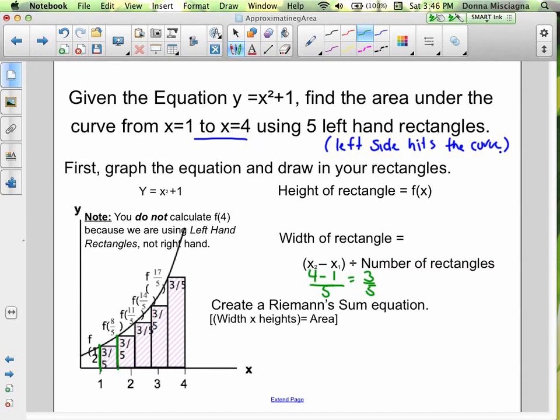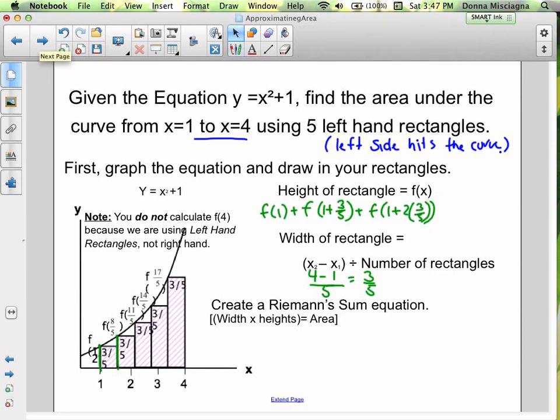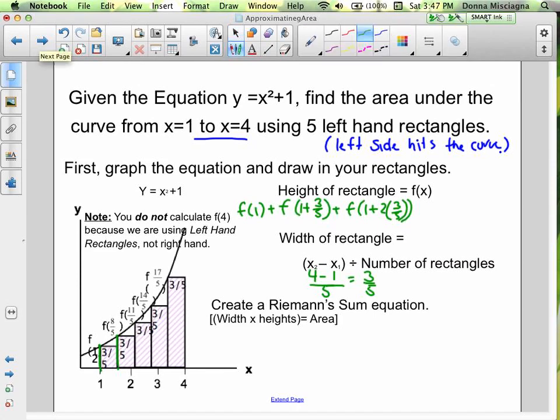All right, so the width of our rectangles is 3/5. The height of the rectangles is going to be our first value, f of 1, plus f of 1 plus 3/5, plus f of 1 plus 2 times 3/5, right? Because now we added 2 widths. So here I'm just wanting to make sure that you understand where we get the x values that we plug in.